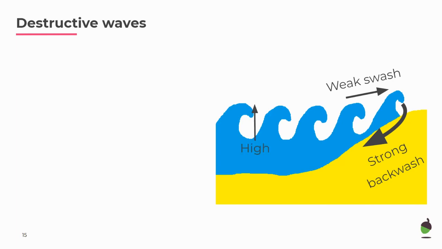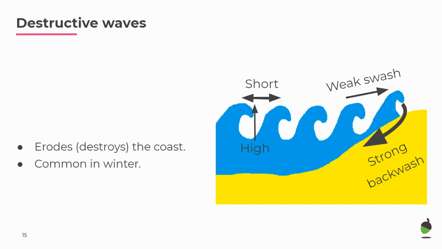Compared to constructive waves, they are much taller. They have a high wave height. Their wavelength is shorter. They erode, they destroy the coast. They are common in winter. And they have a higher frequency of about 10 to 14 waves per minute.